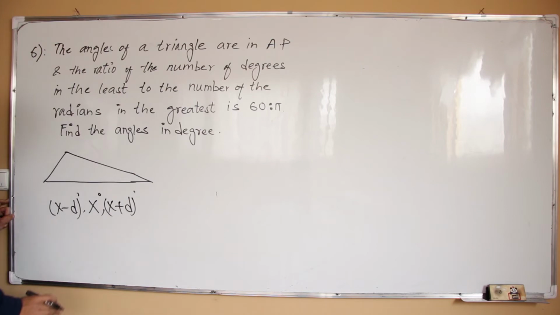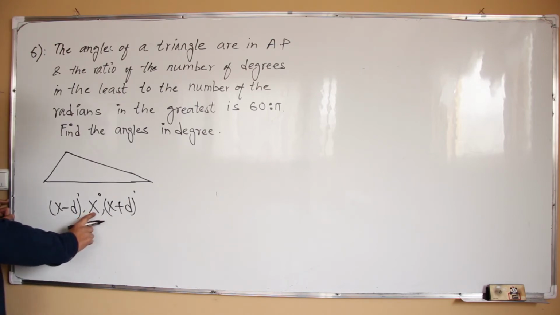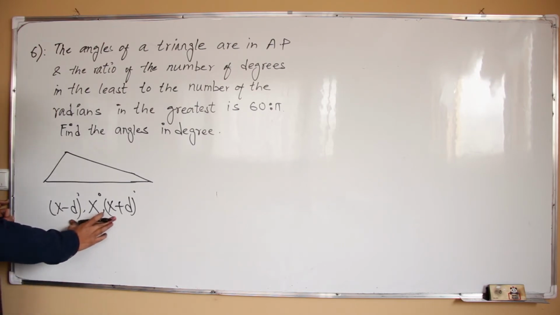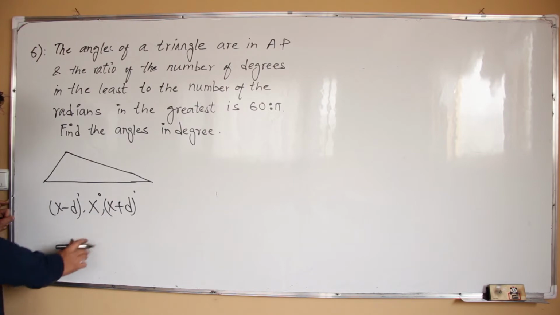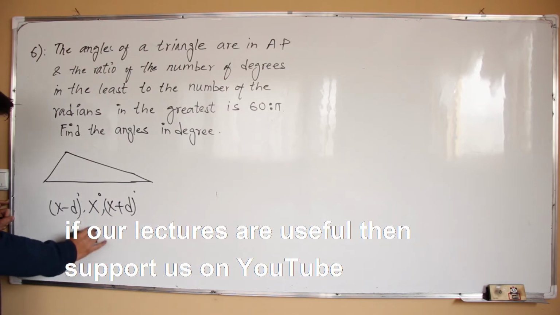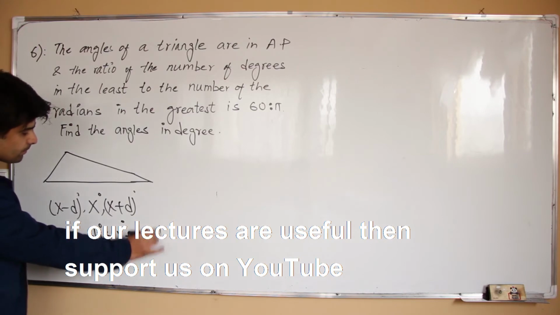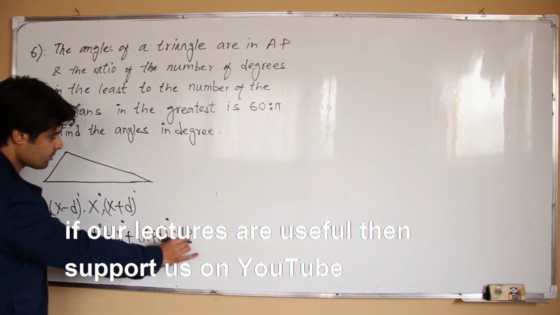These are the angles. If one is x, this is x plus something and this is x minus something, and we found this one from the definition of arithmetic progression. Geometry says that the summation of the angles should be 180 degree. I mean x minus d plus x plus x plus d. This is 180.